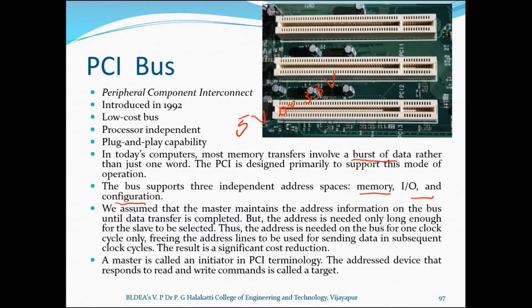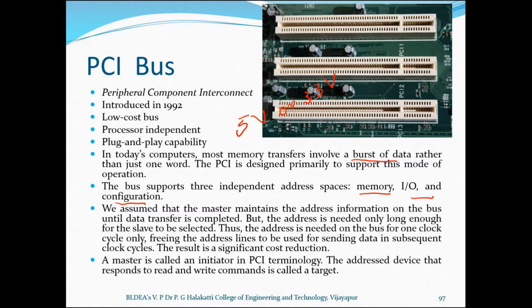We assume that the master maintains the address information on the bus until data transfer is completed, but the address is needed only long enough for the slave to be selected. Thus, the address is needed on the bus for 1 clock cycle only, freeing the address lines to be used for sending data in subsequent clock cycles.